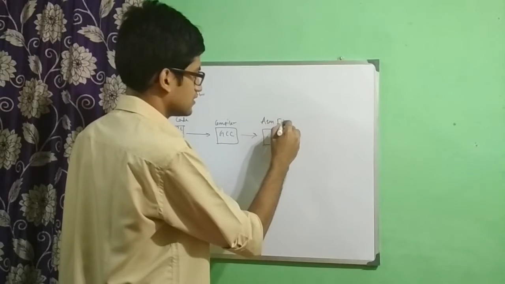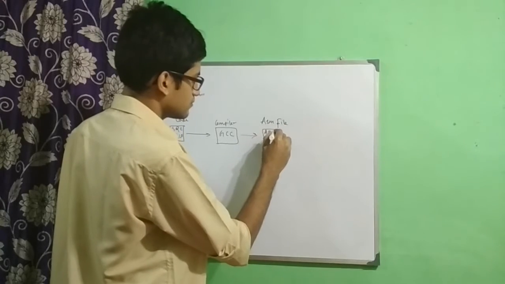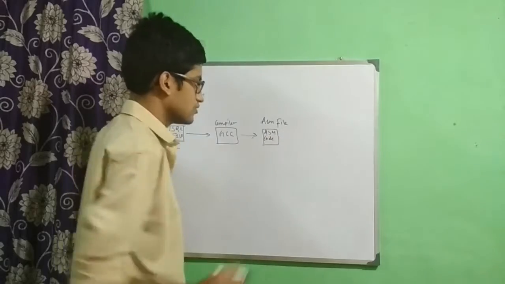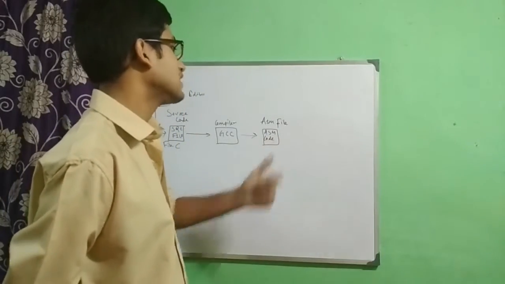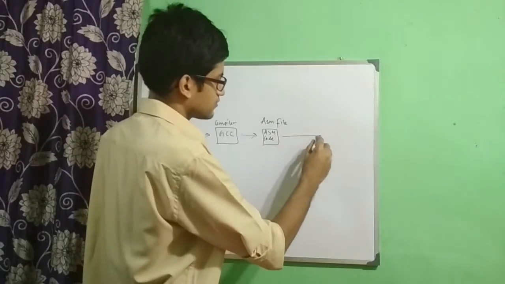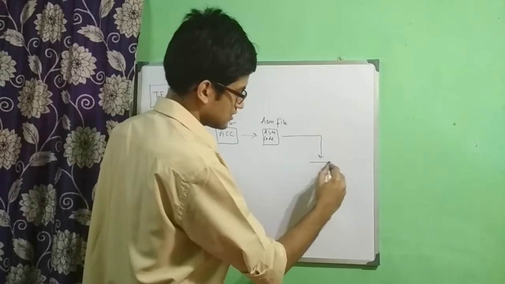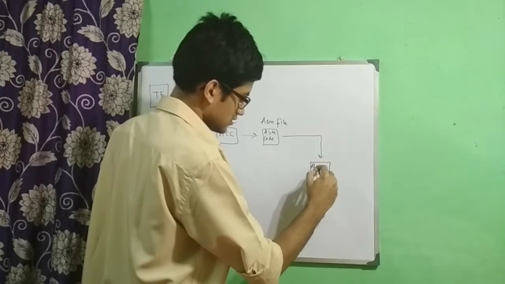It will now generate another file, which is the ASM file, the ASM code. So this is an assembly file where we do have the assembly code. So this is again a file. Now this file will be further processed by the assembler.